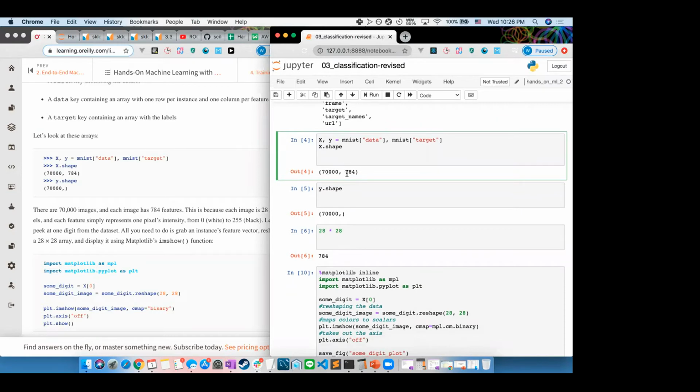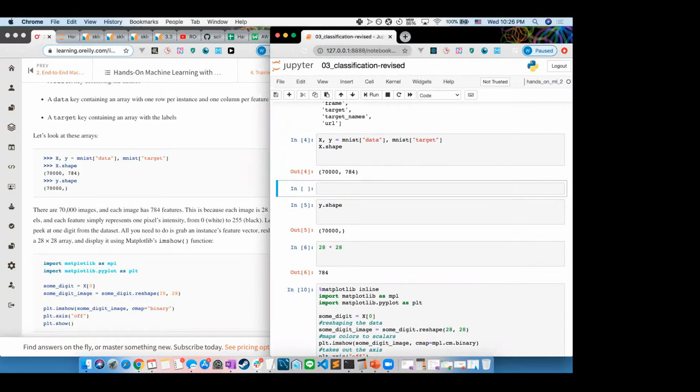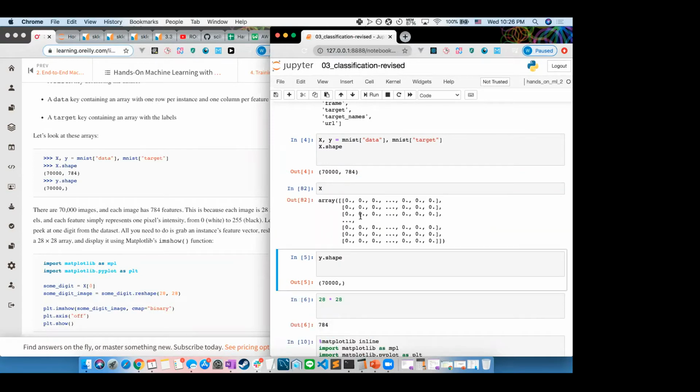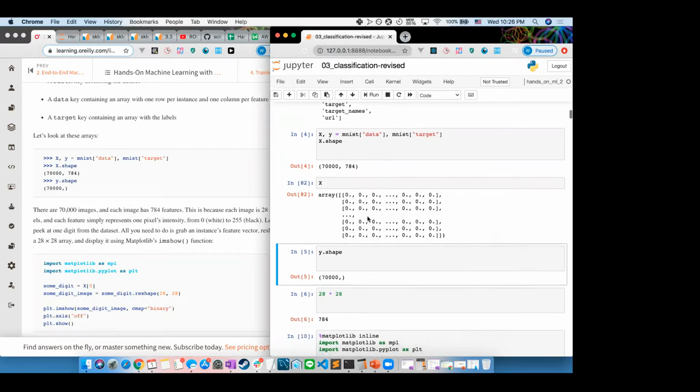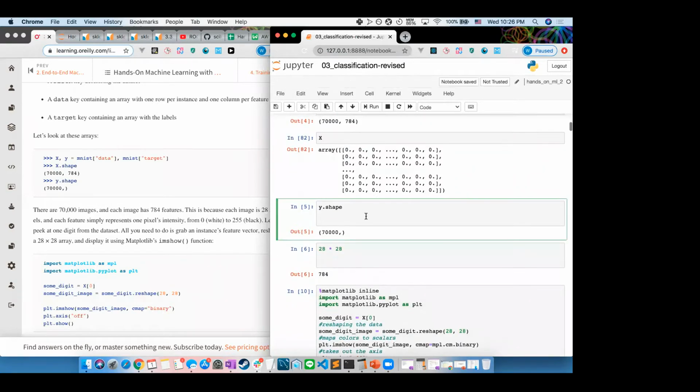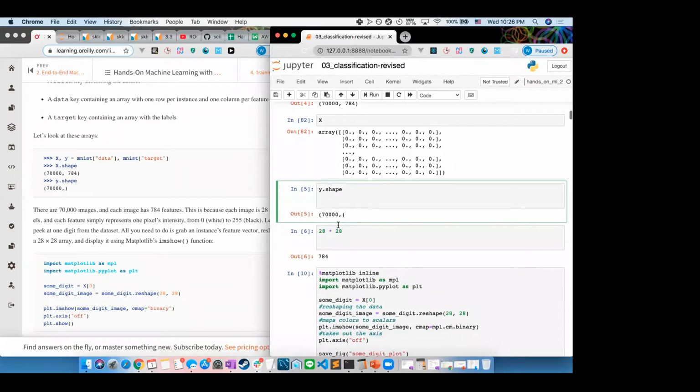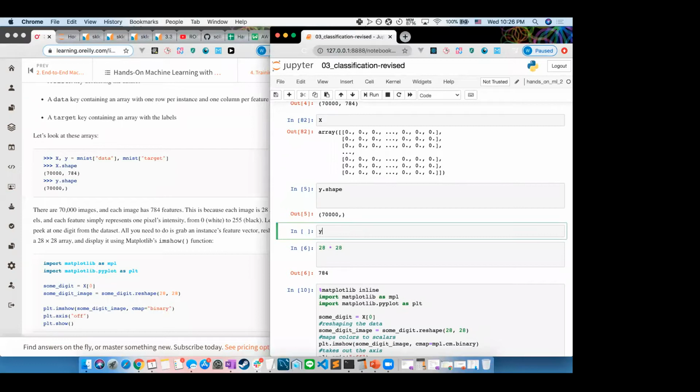And again, we were dealing with 784 pixels. So that's what it looks like. Okay, y dot shape, again, we have 70,000 images.